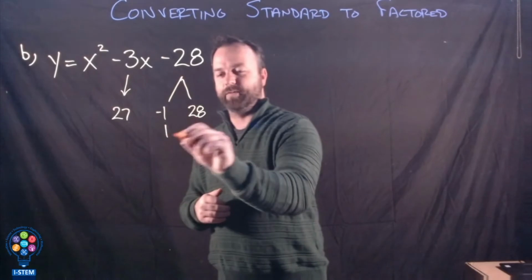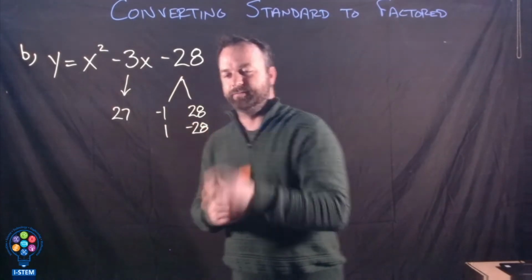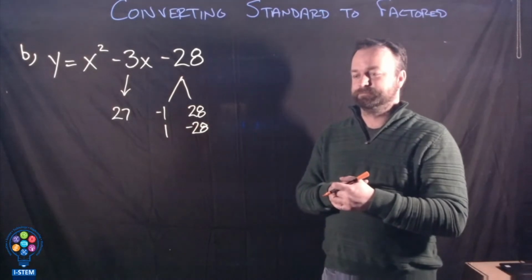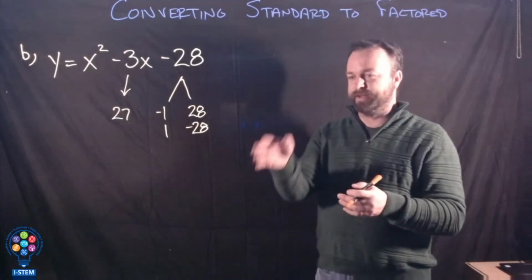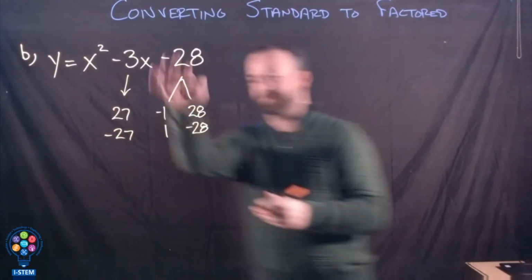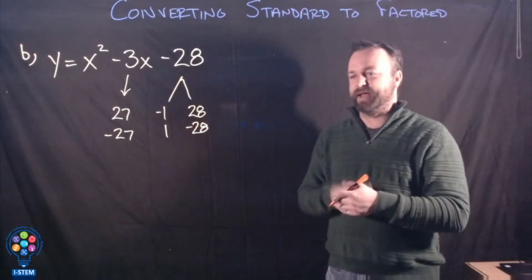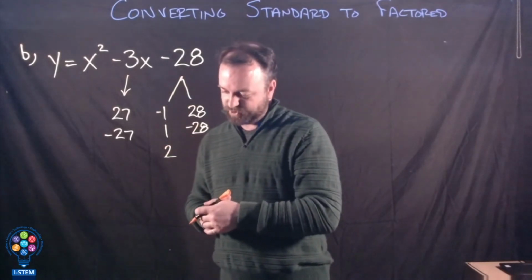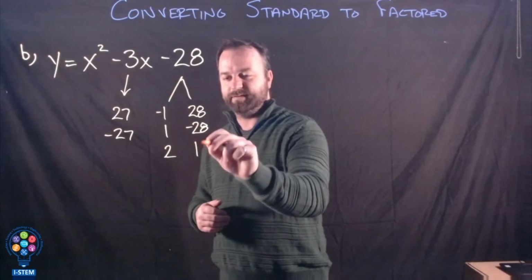We could do this the other way, and I could make 28 negative. 1 take away 28 is negative 27. Still not the right answer, but as I build this up, I'm going to use 2 and 14.